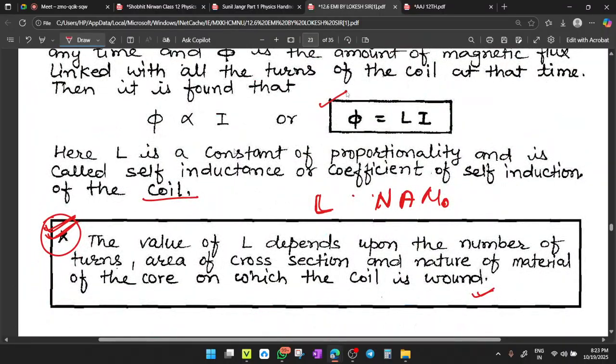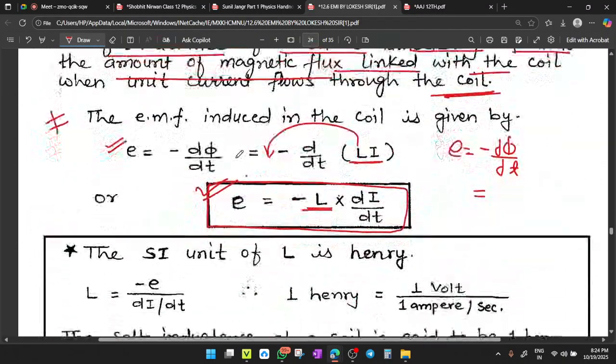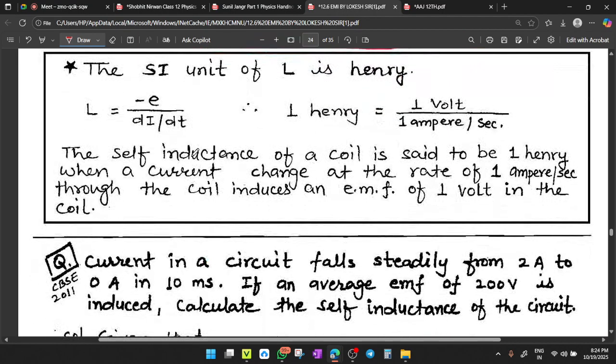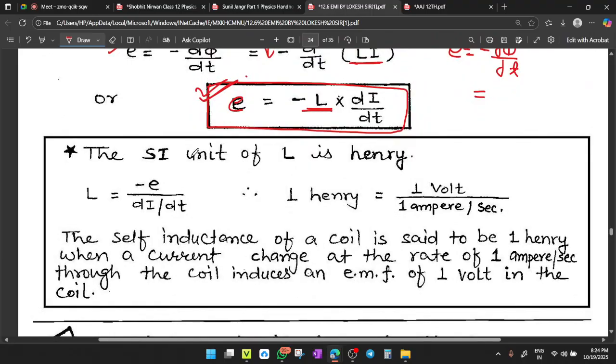Note it. And second, the induced EMF E equals minus L di by dt. Clear? Now, the SI unit of L is Henry. Clear?